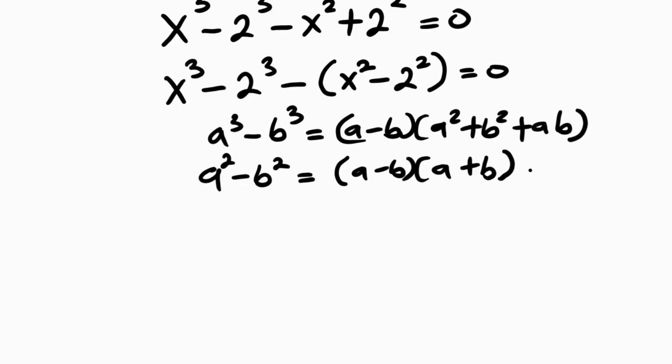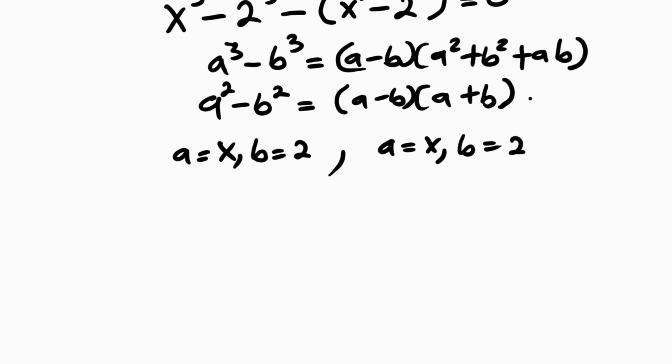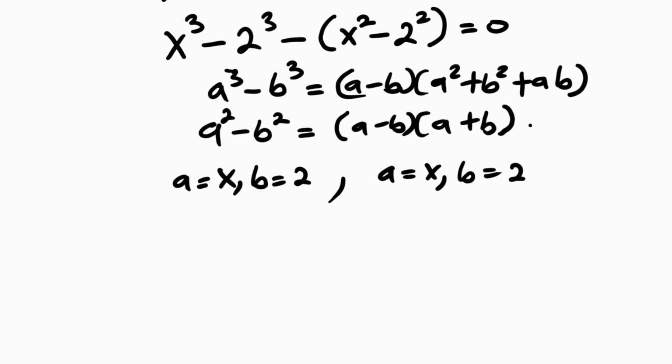Okay, so for the powers raised to power 3, our a is equal to x and our b is equal to 2. And for the power raised to 2, our a is equal to x and our b is equal to 2. Okay, so let us just substitute the values of a and b into the equation.